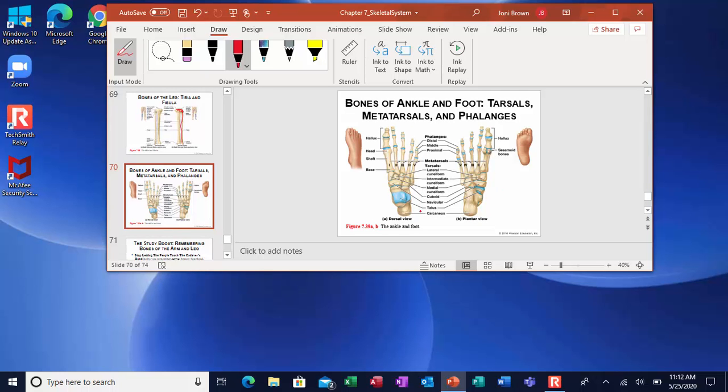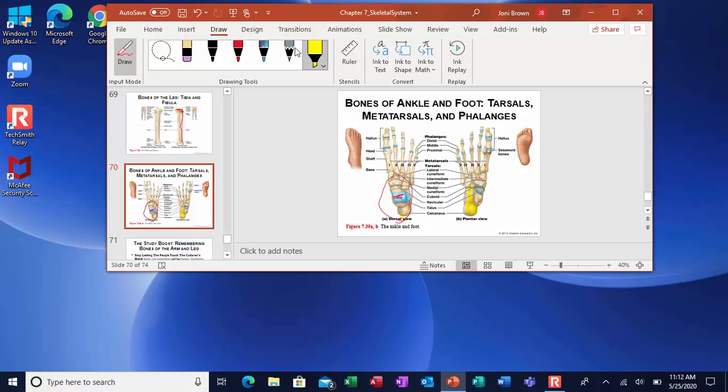Here's your foot. You have your 7 tarsal bones here that make your ankle. The only movable one is here, and this is the talus, and that's where your lower leg articulates with your foot. And then the one behind it here that goes all the way up here is your heel bone, called the calcaneus.